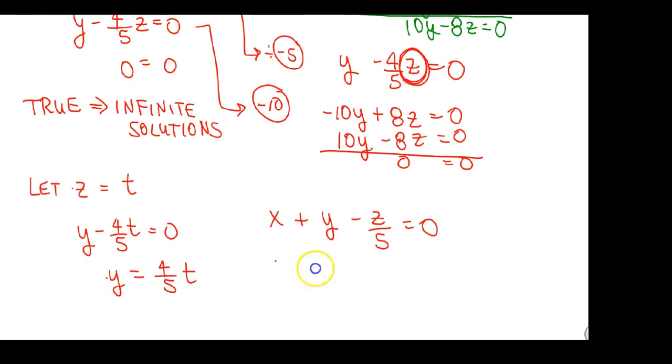If I replace y with 4/5 t, and I replace z with t, I can combine those terms. 4/5 t minus 1/5 t is 3/5 t.